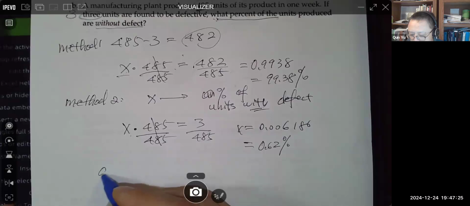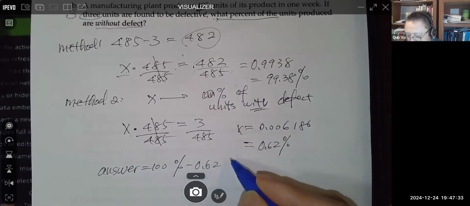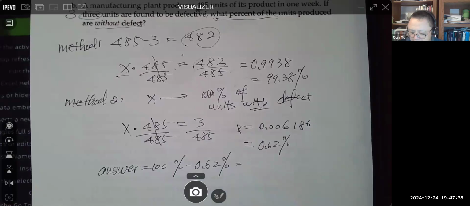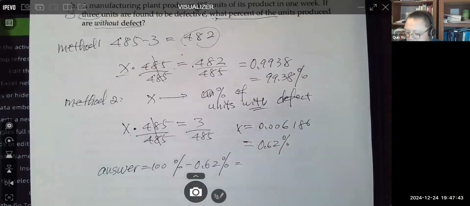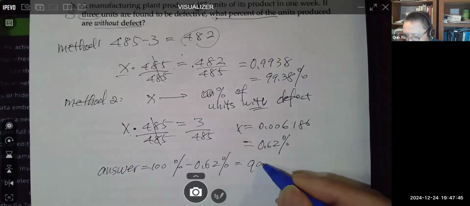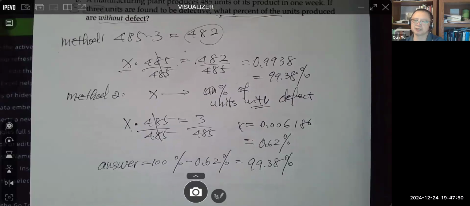So the answer must be using 100%, subtract this one, 0.62%. So 100 minus 0.62, what do we get? 99.38. Now we get the same answer for sure. Just a different way to do that.